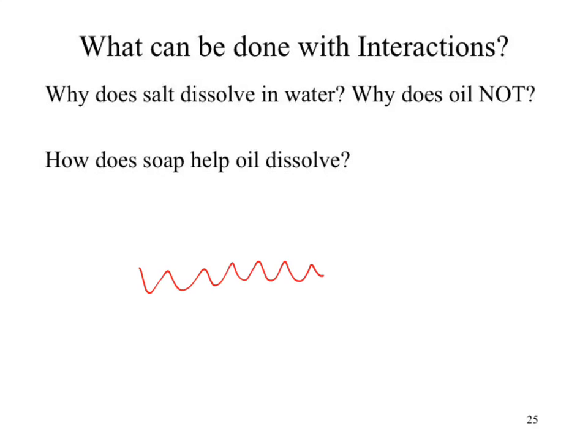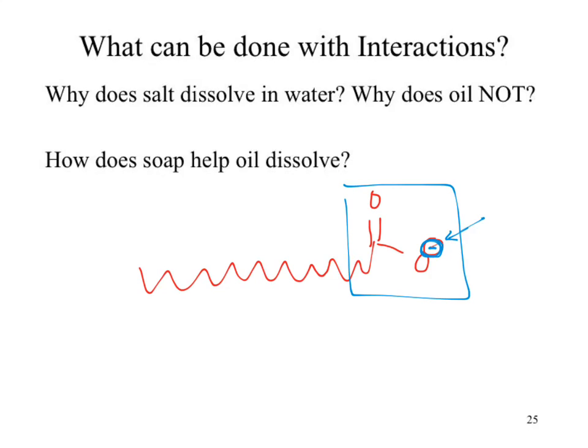We take a look at the structure of soap. Those are all supposed to represent carbons and hydrogens. At one end of our soap molecule, what do we have? It's not a carboxylic acid. There's resonance, but we're still too complex.